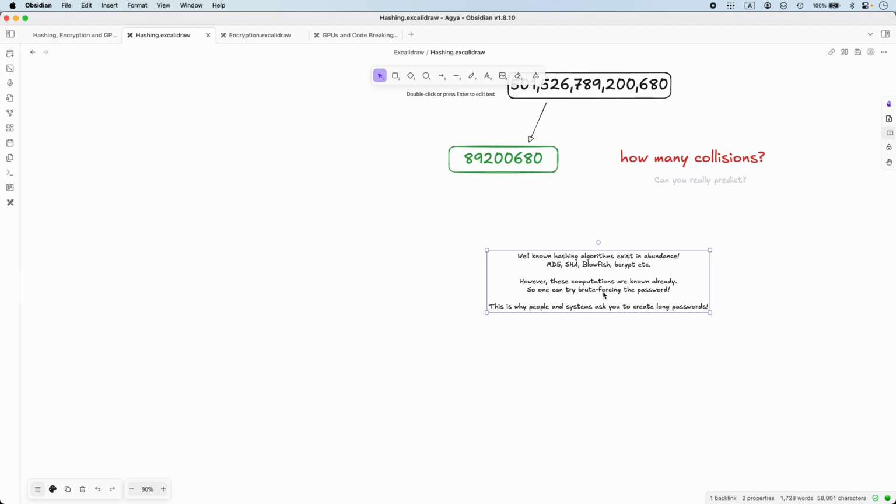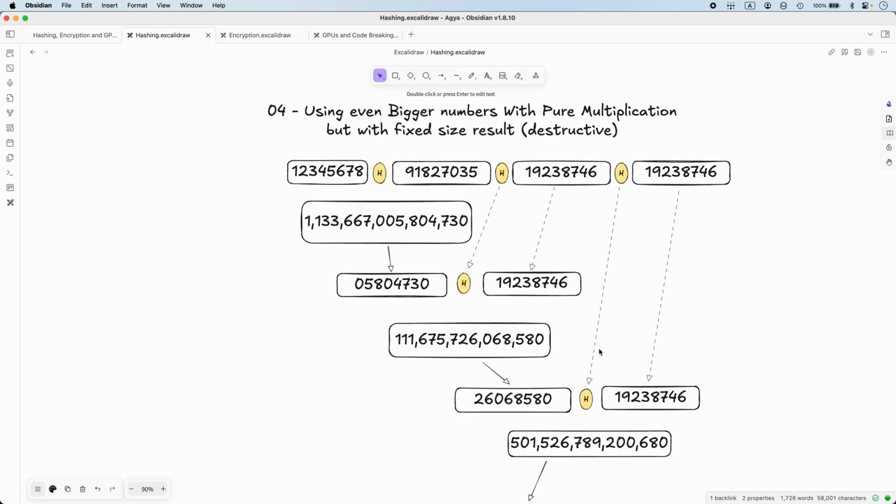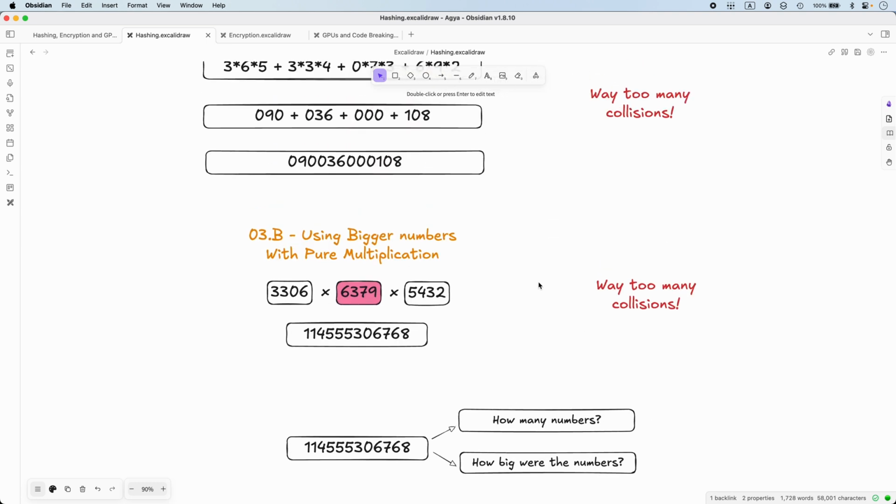Brute forcing is basically guessing a password by just trying again and again and again. This is why systems ask you to create a long password. If you have a very long password, it will take a lot of time for someone to sequentially get there. That concludes the hashing part.